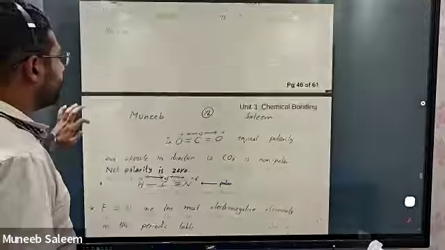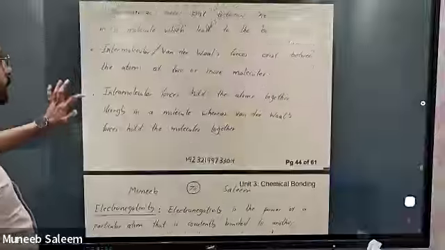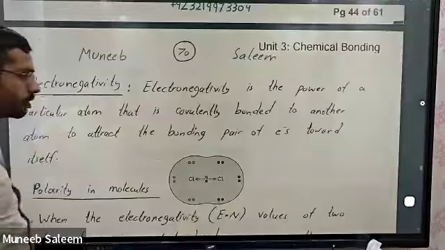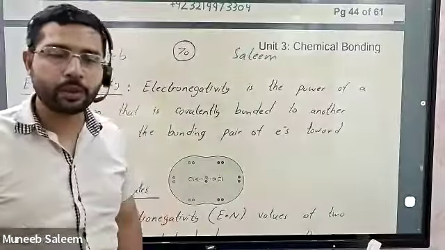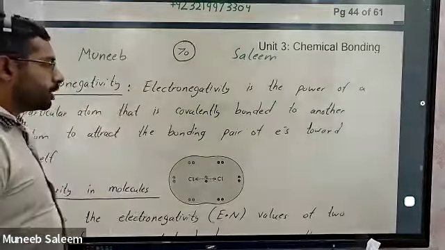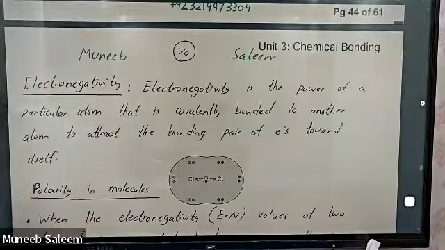To understand this topic, we must go through the topic of electronegativity, because without electronegativity, you cannot understand which type of intermolecular force will exist between which type of molecule. The electronegativity was already introduced at the start of this chapter.